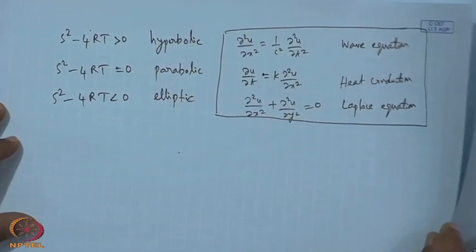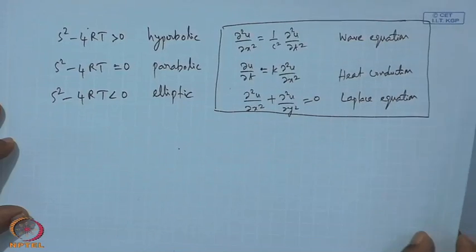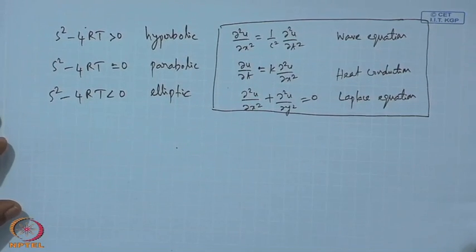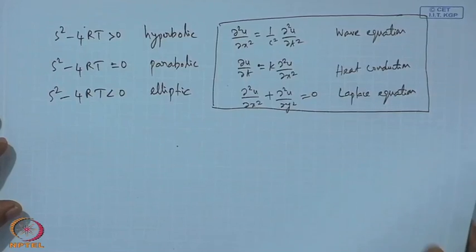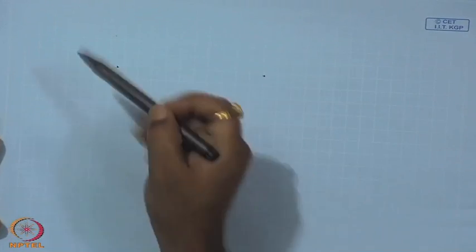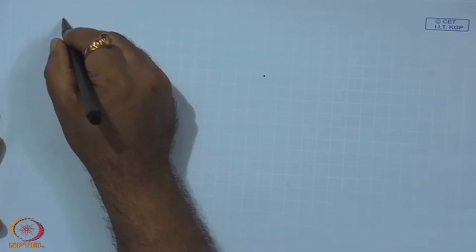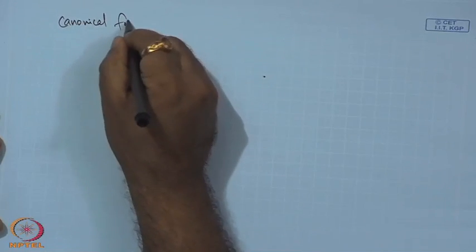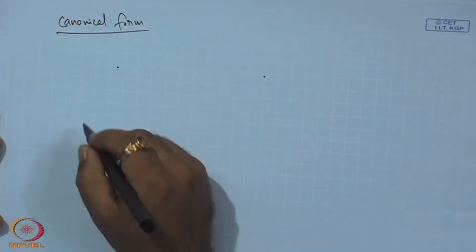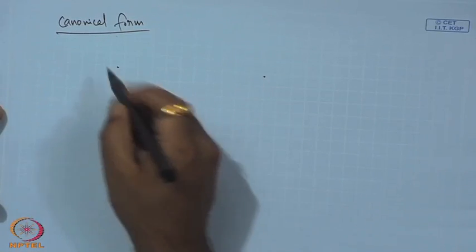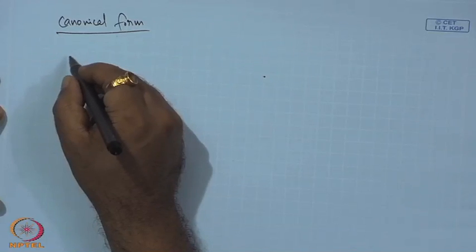Okay. So, we have not seen the advantage of reducing it to new variables. So, let us see that. That is called canonical form, using the new variable and reducing it to canonical form. So, let us see the example.